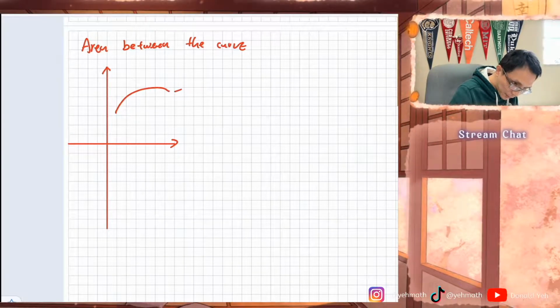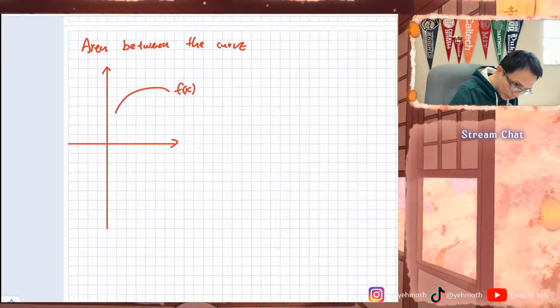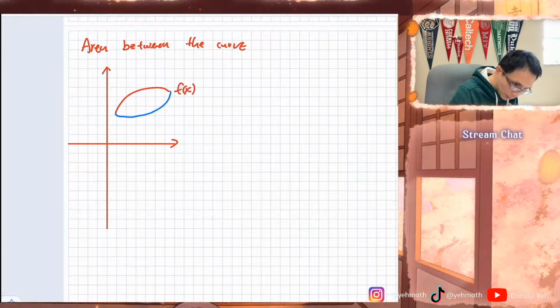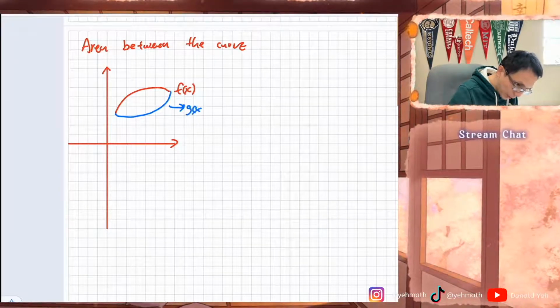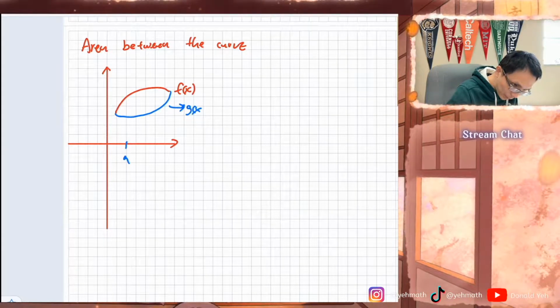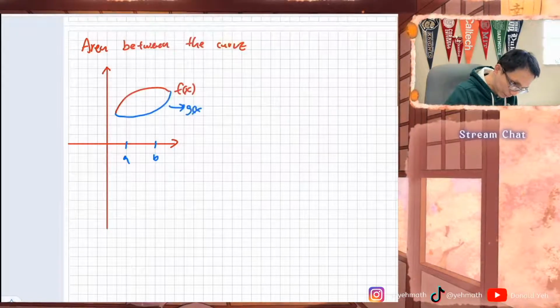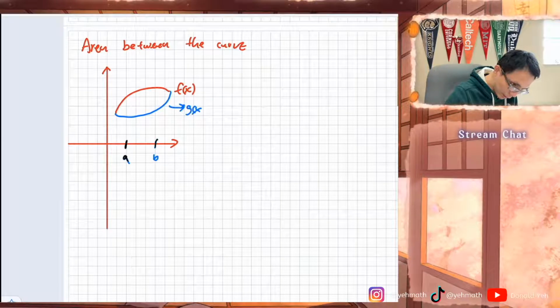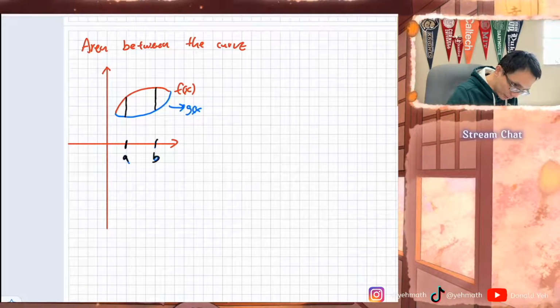This is f of x, and something like this is going to be g of x, and we're going to have a and b. So let's just say we have a here and b here. We're going to use black here, a and b.